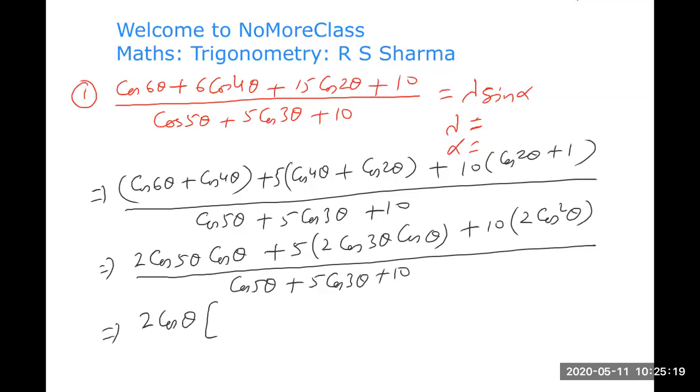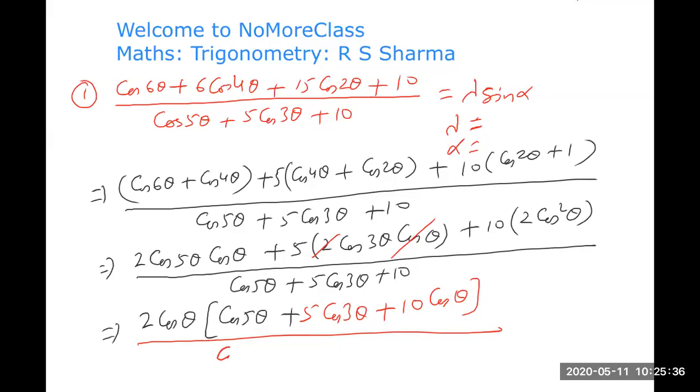This will be cos 5 theta plus 5 cos 3 theta, 2 cos theta is gone, plus 10 cos theta, divided by cos 5 theta plus 5 cos 3 theta plus 10. This also must be cos theta here. So write here also cos theta. So make this small correction in the question.